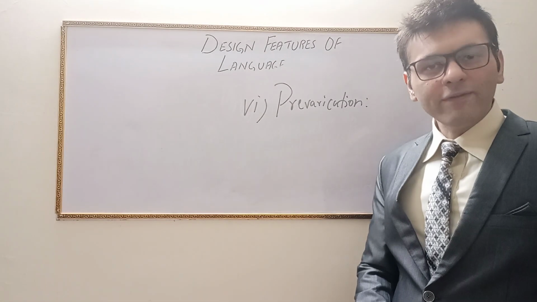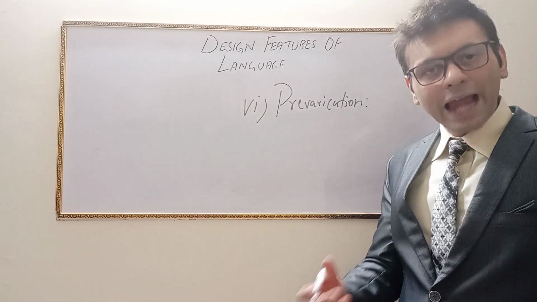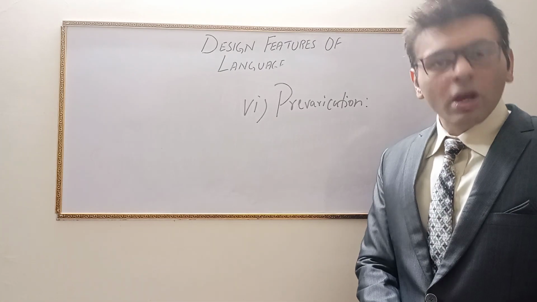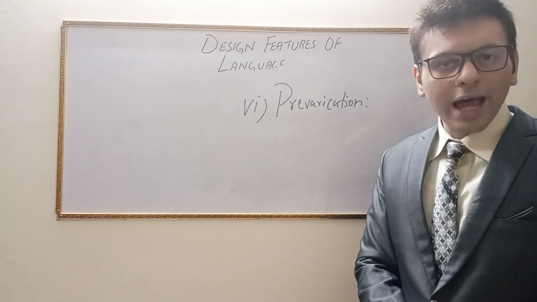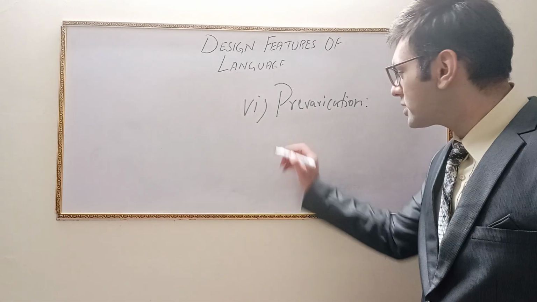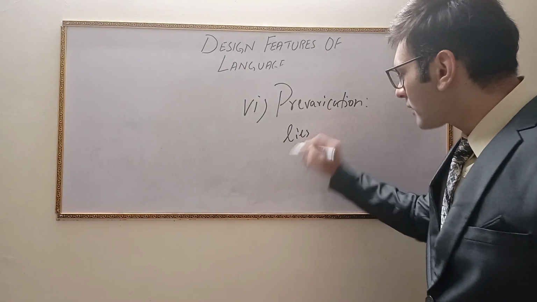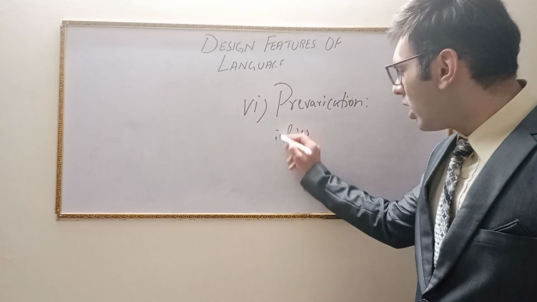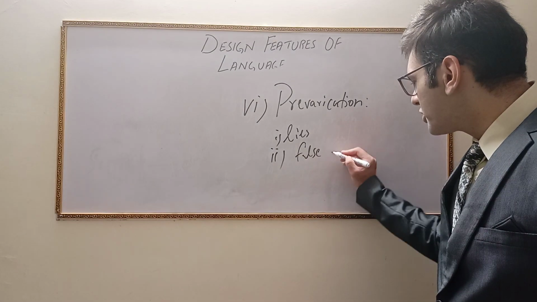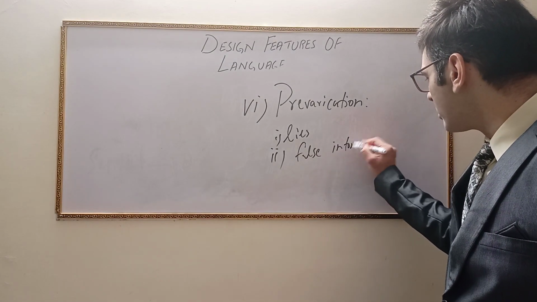Prevarication. Now, prevarication means that language does not necessarily have to be utilized for speaking the truth. It can also be used for telling lies. It can also be used for projecting false information.